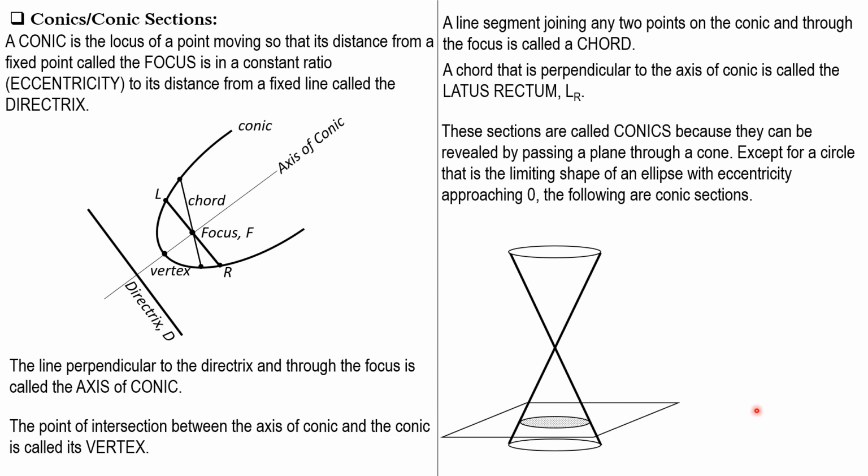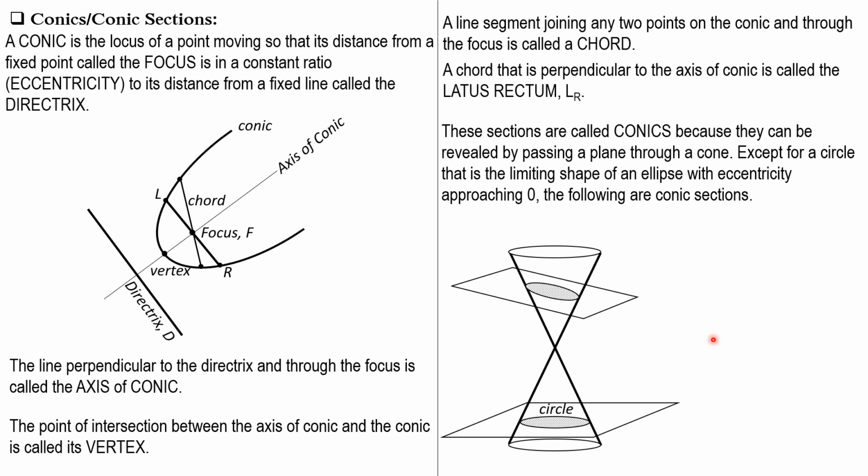So that's a circle. Then when the plane is crossing the slanted height of the cone, an ellipse is revealed as shown in the figure. So we have an ellipse.